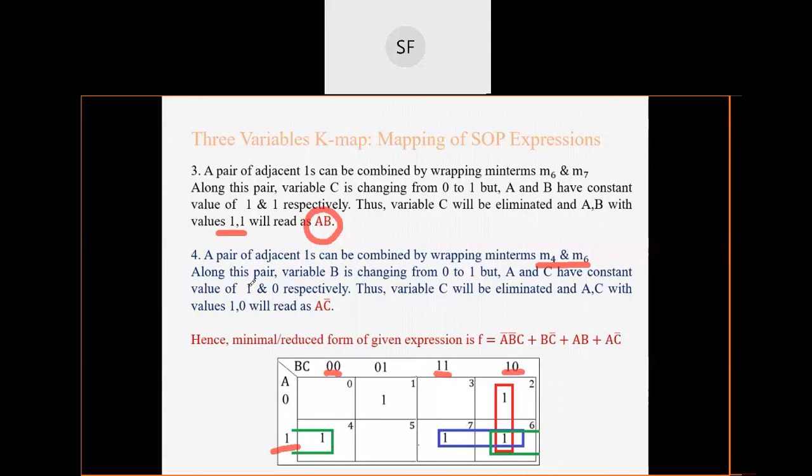Again the same information is written here, that variable b is changing from 0 to 1, but a and c have constant values of 1 and 0 respectively. Thus variable c will be eliminated. Whichever variable is changing will be eliminated. And ac with the values 1 0 will be read as a c bar.